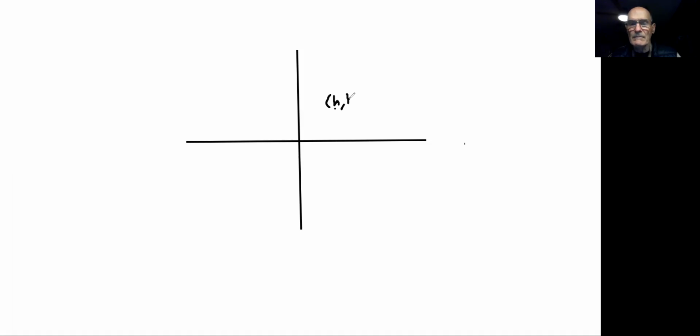Then we have a major axis. In this case, I'll draw the major axis along in the x direction here. So this would be a point here, which is one of the vertices, and it's going to be a distance a. So this would be the point h plus a and k.